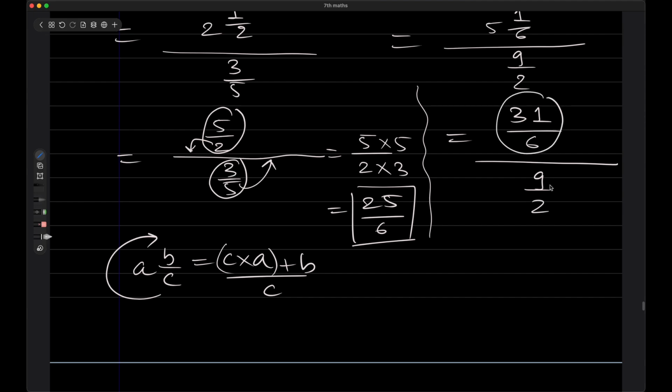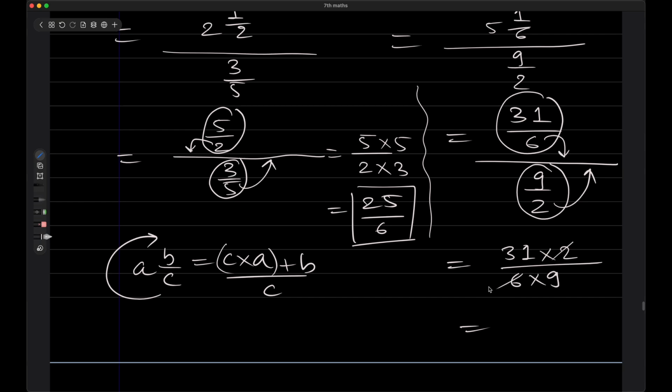Then for all the fractions, send the denominator to the opposite side of the division line, that is 31 as it is, send 6 to the opposite side, and 9 as it is, send 2 to the opposite side, that is equal to 31 divided by 27 is the answer.